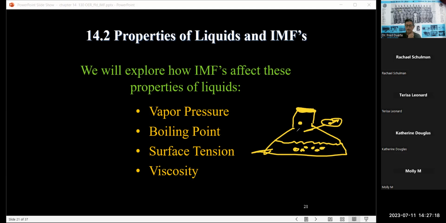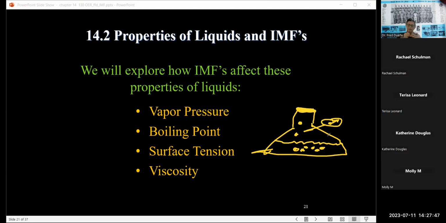But if these molecules have a weaker intermolecular force, there are going to be a lot more gas molecules in the empty space, and their vapor pressure goes up. Things that are very volatile, for example, that's why things like fingernail polish remover.